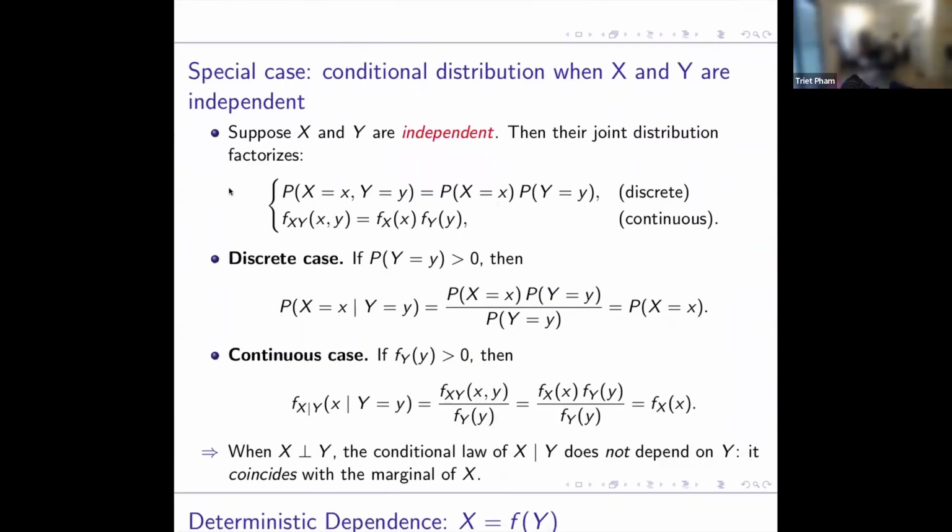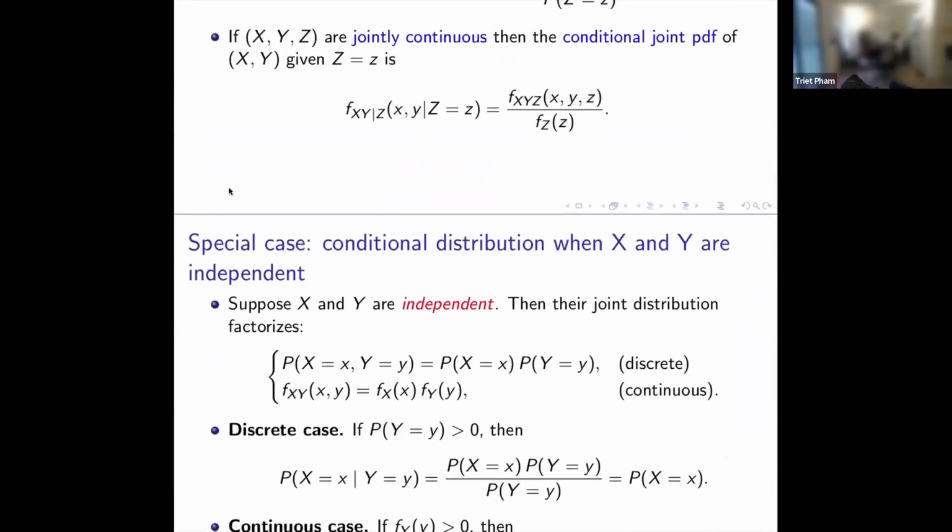Well, here comes a rather trivial case, but it's worth mentioning. Remember, if two events are independent, then the probability of E conditional on F is P of E. We actually took this as the definition of independence back then.